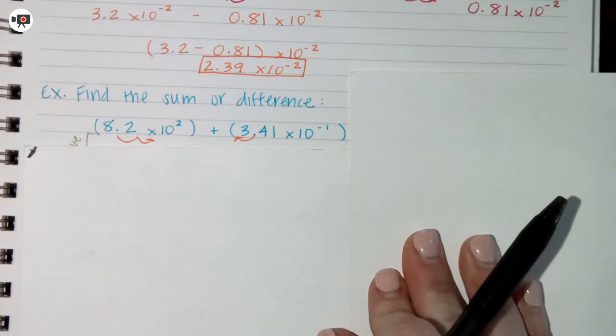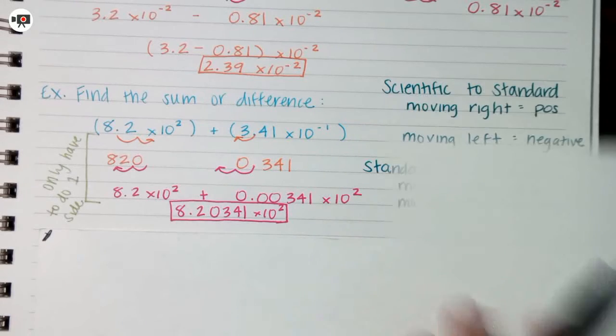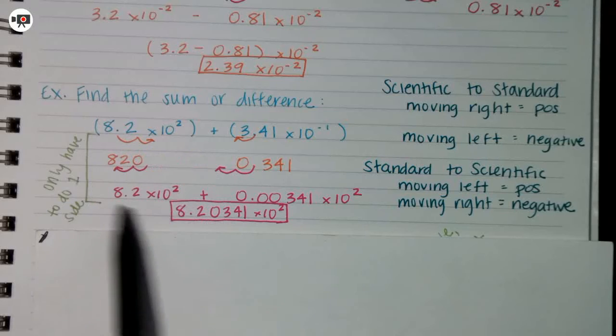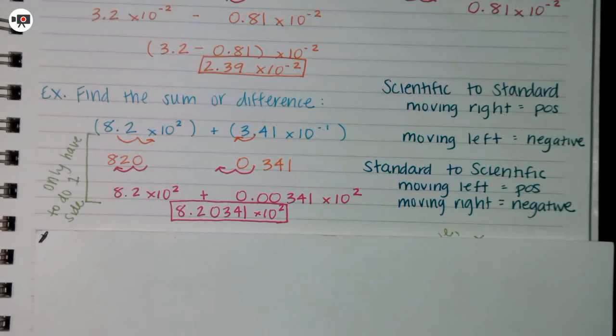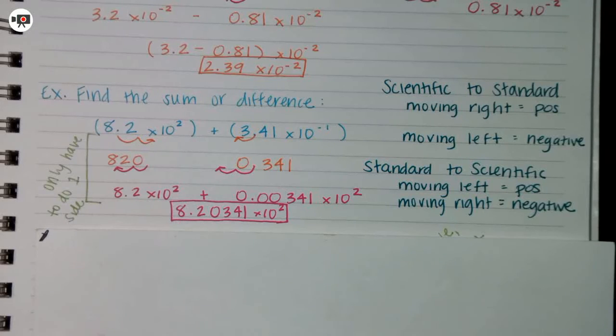If I have 8.2 times 10 to the 2 plus 3.41 times 10 to the negative 1, I can move them both into standard form and then move them back into scientific notation with the same powers. So this 8.2, move it to 820 and then move that back.